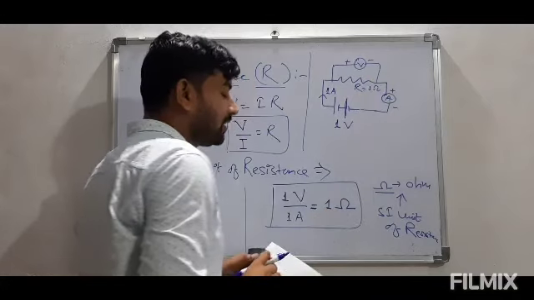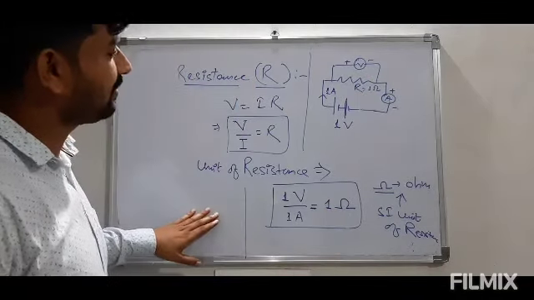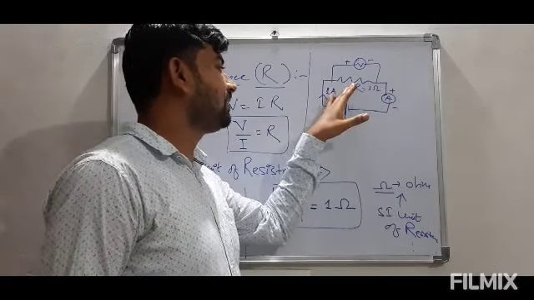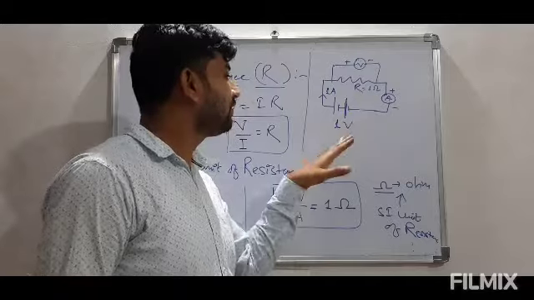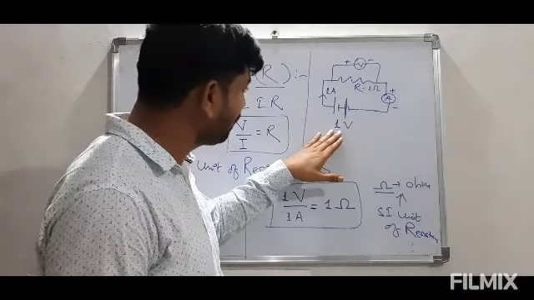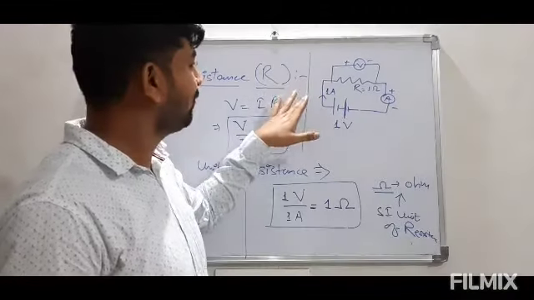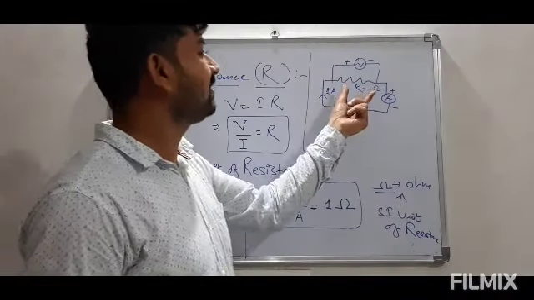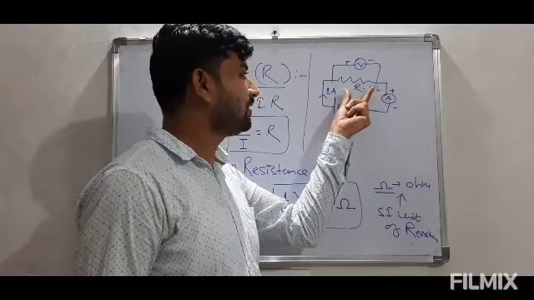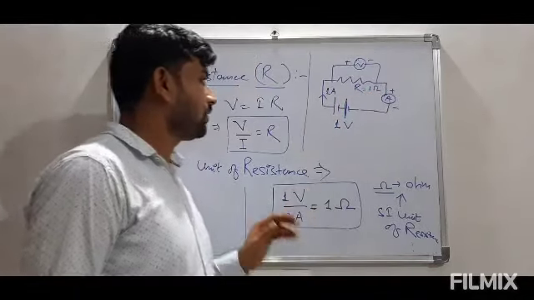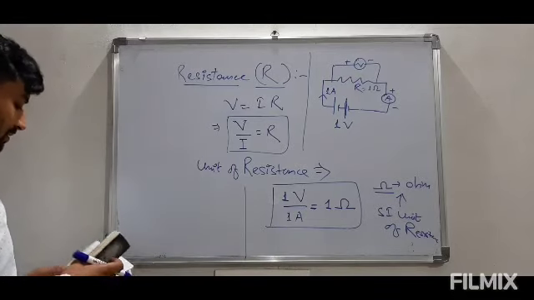So if a resistor is connected to a battery with a potential difference of 1 volt, and 1 ampere current is flowing through this circuit, then the resistance of this resistor will be 1 ohm. So this is all about resistance.